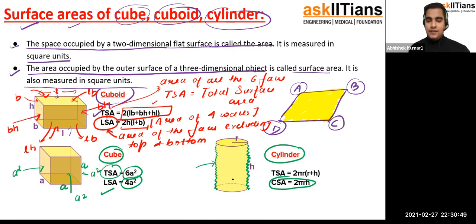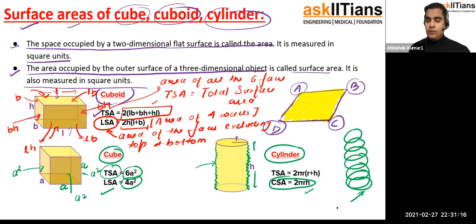And how did we get this 2 pi RH? Basically, what is the height of the cylinder? Height is h, okay? This cylinder is actually made of small circles put together one over another. Clear? And what is the circumference of a circle?